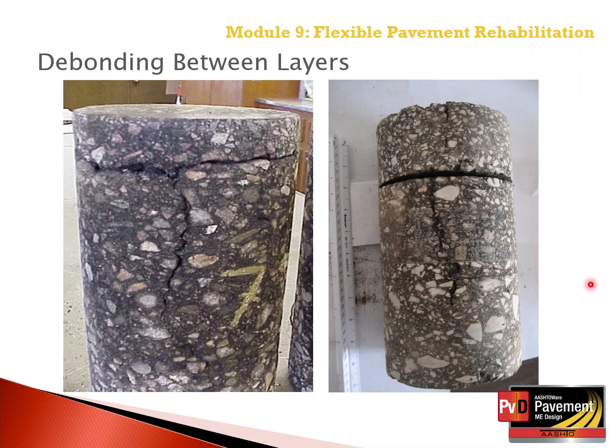So basically, if we were basing the rehabilitation design strategy only on the surface condition without cores, we may not be able to note the debonding or shear cracks and or debonding between the layers below the surface of both of these projects, whether they included cracks going from the top to the bottom or not. So the rehabilitation strategy of just doing a surface modification would be totally inadequate for both of these projects.